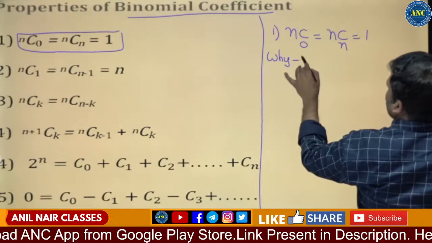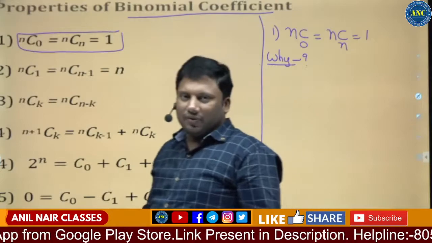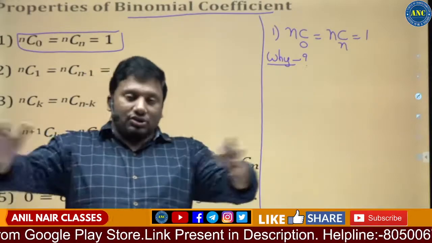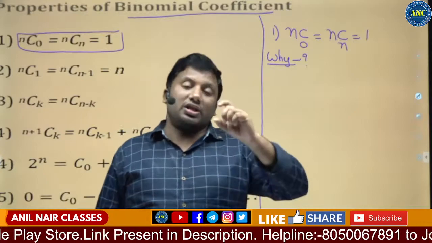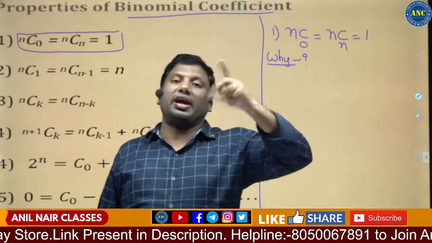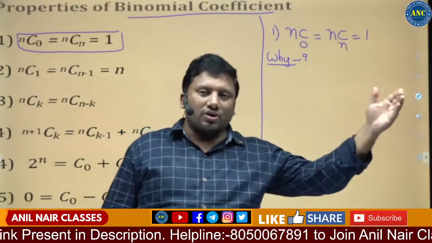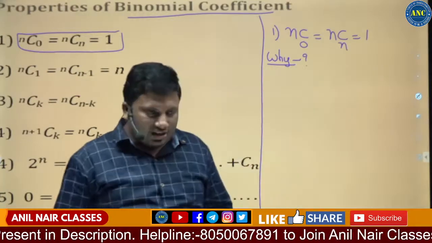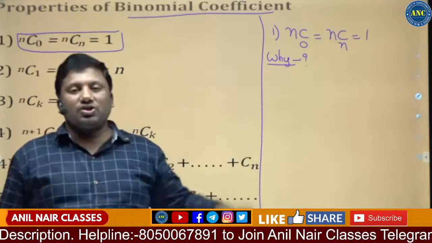Why is NC0 equivalent to NCN equivalent to 1? There are 10 students sitting in front of me. I said all the students who got more than 98 percentile in the CAT examination, please go to the next class. I entered the class and made an announcement.